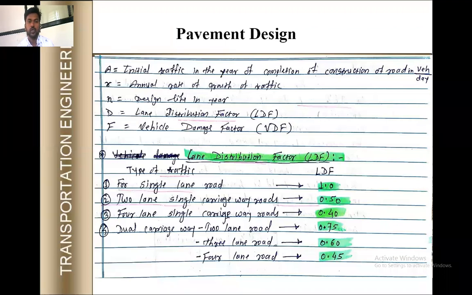Capital F is equal to vehicle damage factor, that is VDF. These are the multiplying constants used in this formula, that is lane distribution factor and the vehicle damage factor. Below that, write down lane distribution factors.